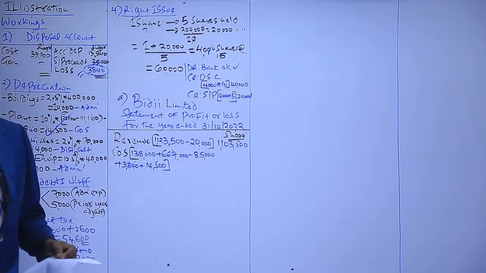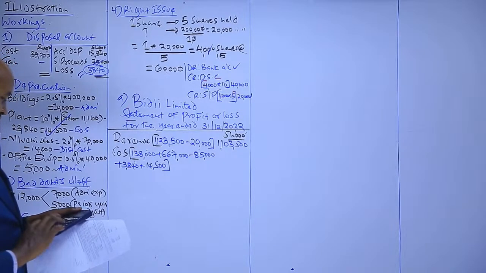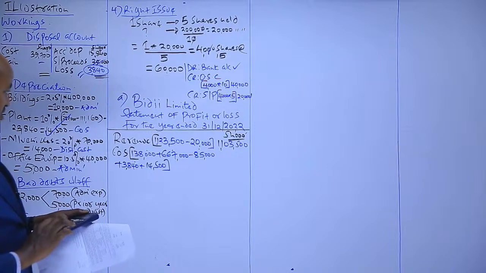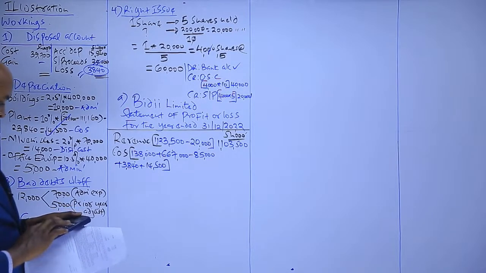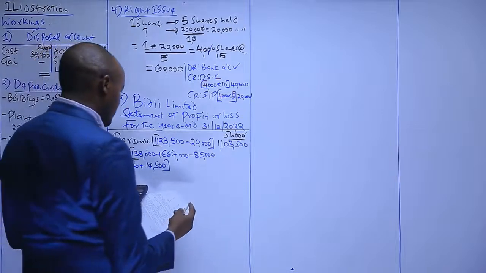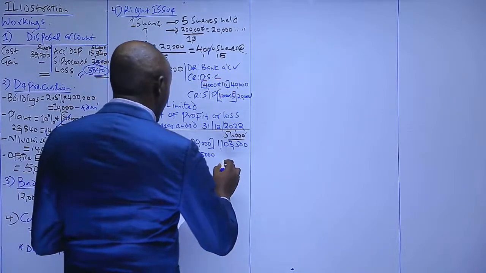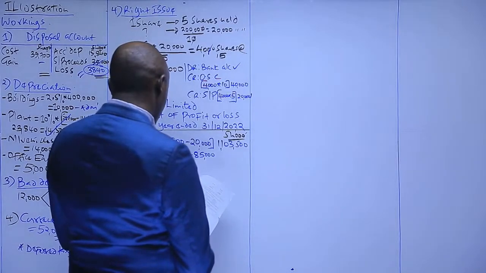We have 138,000 plus 667,000 minus 85,000 plus 3,840 plus 14,500, and that will give us a figure of 709,340.